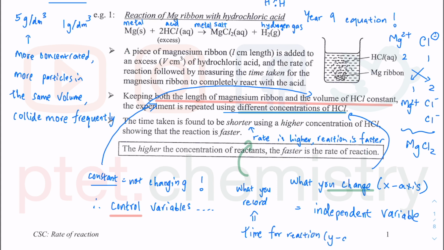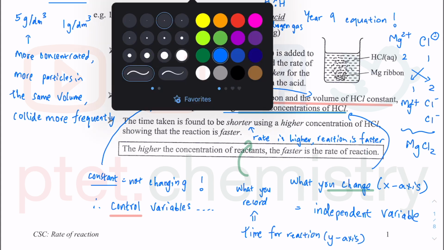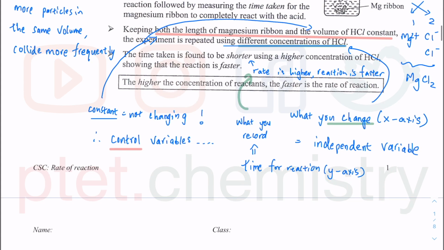This is going to be your y-axis. And what you have on the y-axis is what you call the dependent variable. So this is what you record. What you record or what you measure is what you call the dependent variable. What you change in an experiment is what you call the independent variable. What you keep constant is what you call the control variable.